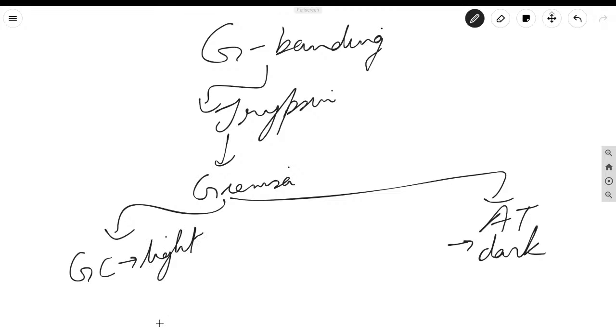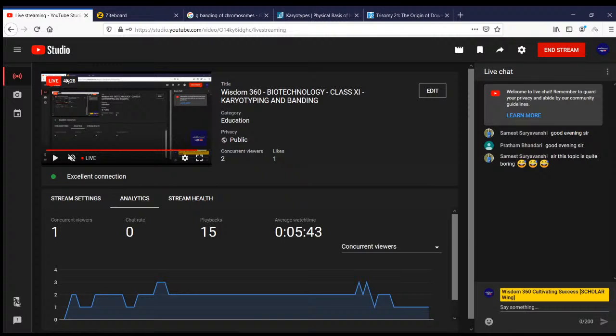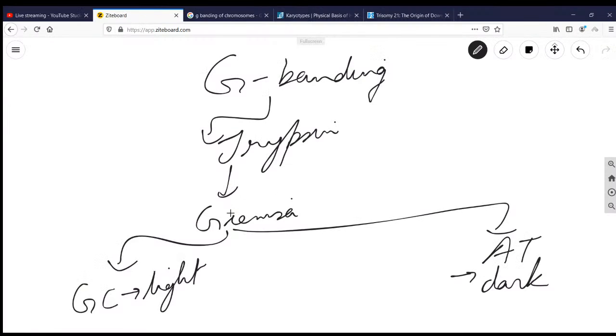Why so? It depends upon the denaturing capacity. Yeah, I know it is a little bit boring, but it is there in your book. It is a conceptual topic, and it is there in your course also, so you have to study it, and it is very technical. Just go through the technicality of this.